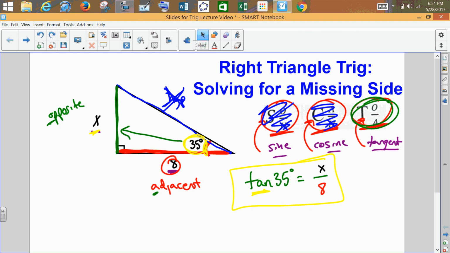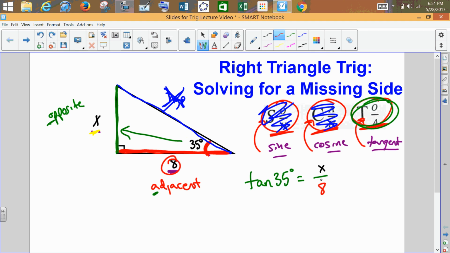Now from my setup, I can solve for this missing length x. Identifying that x is being divided by 8, and I'm solving for x, I'm using inverse operations to find the value of x. I'm going to multiply both sides by 8, which undoes the division. So I have the product 8 times the tangent of 35 degrees, and that's equal to my x value.